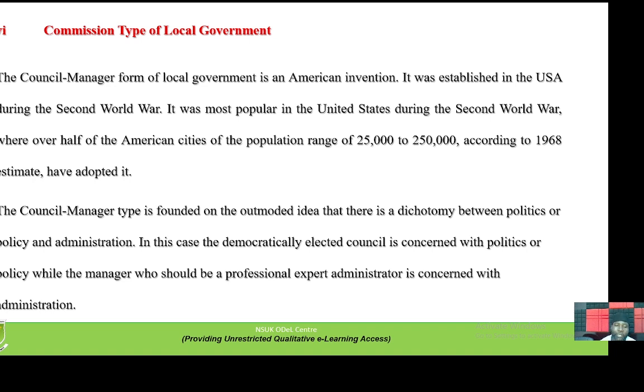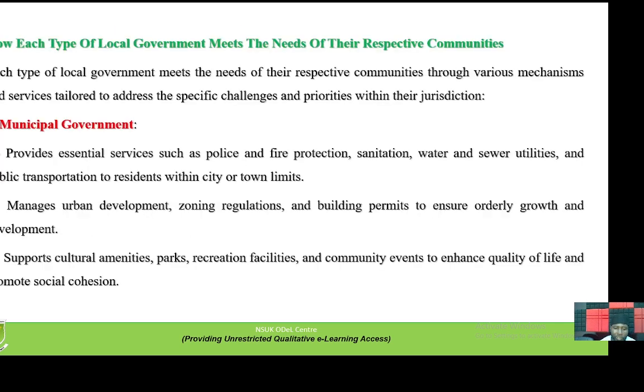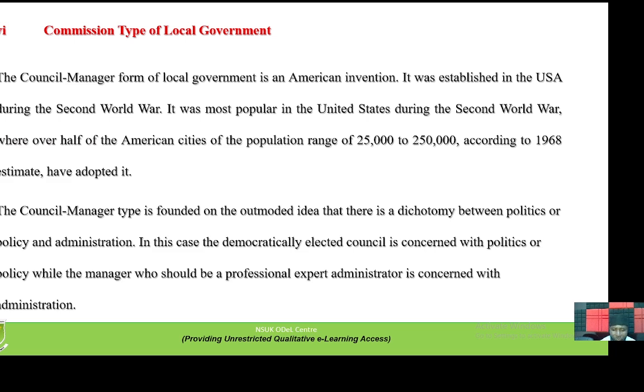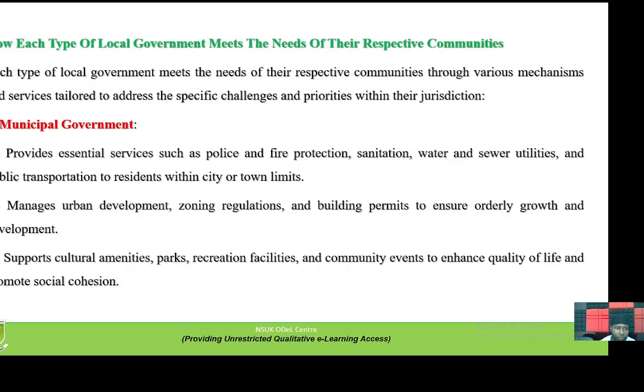It was established in the USA and became most popular in the United States during the Second World War, where over half of American cities with a population of around 25,000 to 250,000, according to 1968 estimates, had adopted it. This type of local government is founded on the idea that there is a dichotomy between policy and administration. In this case, the democratically elected council is concerned with politics or policy, while the manager should be an expert or professional concerned with the administration.